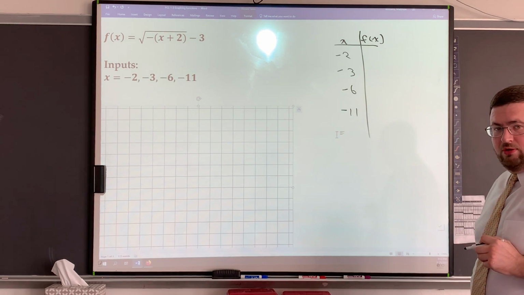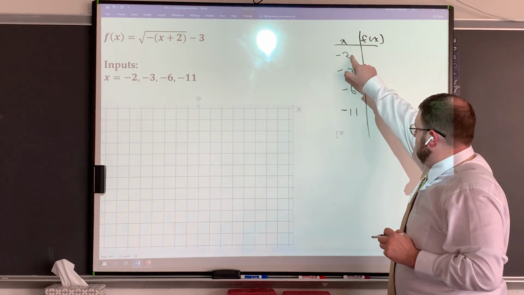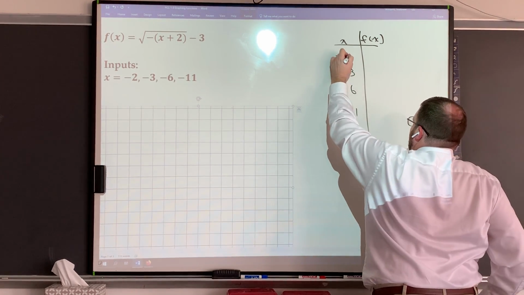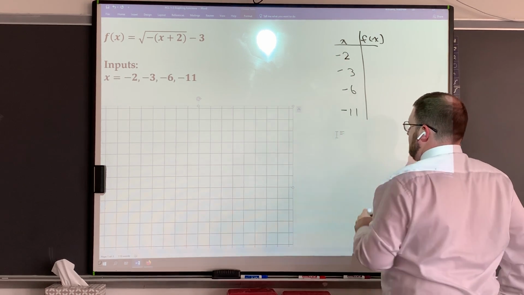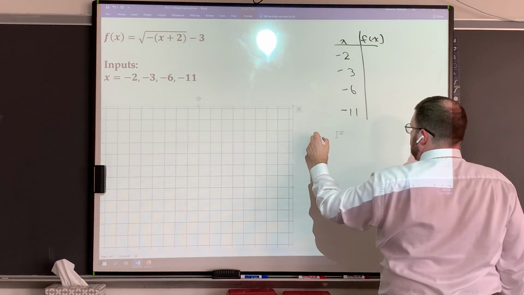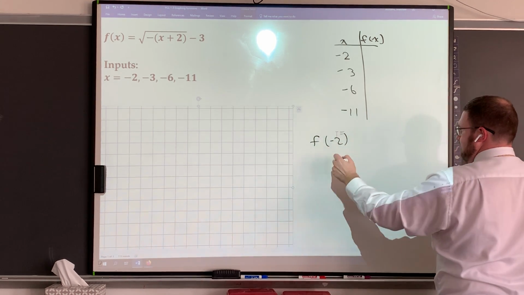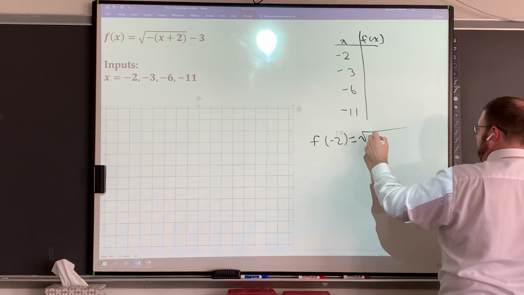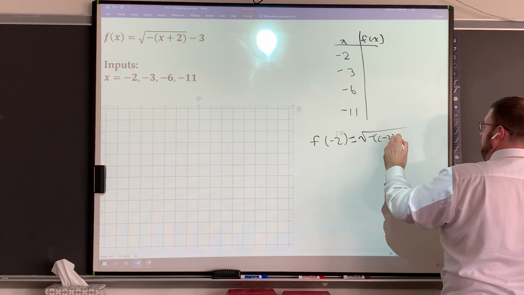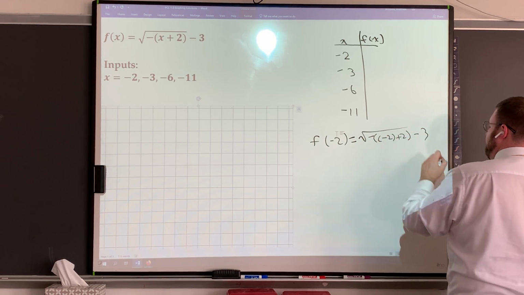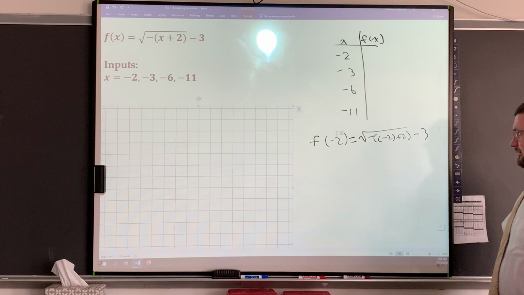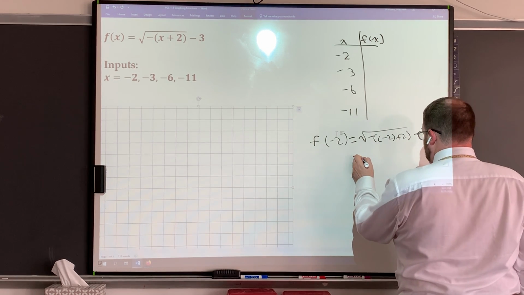I'm going to put these numbers in for x one at a time, and then I'm going to evaluate it, see what it comes out to. So f of negative 2, what this means is that I'm taking function f and I'm plugging in negative 2 for all the x's. I'm going to substitute using parentheses, and then I'm going to calculate this. I can do it by hand.